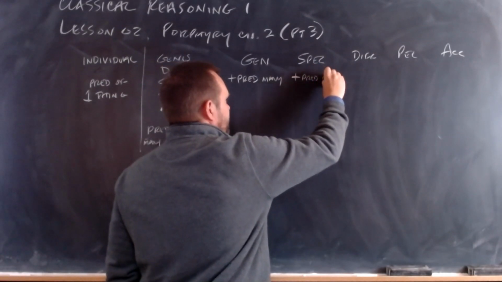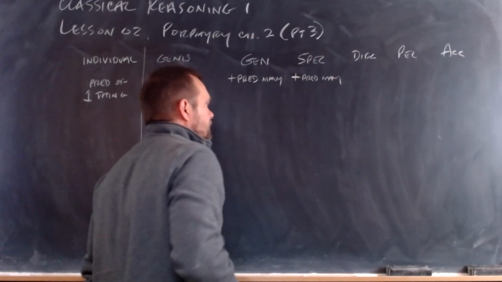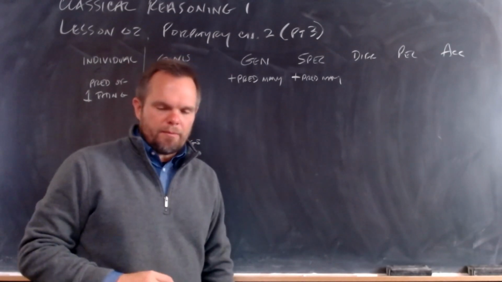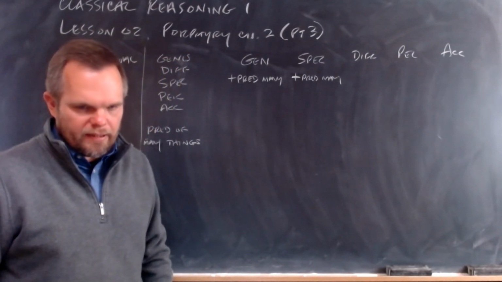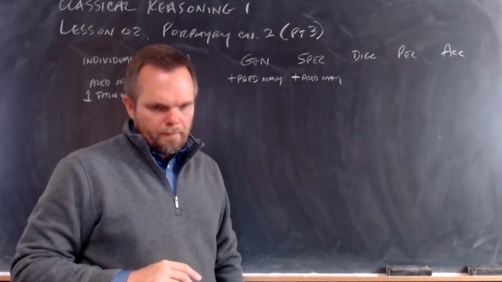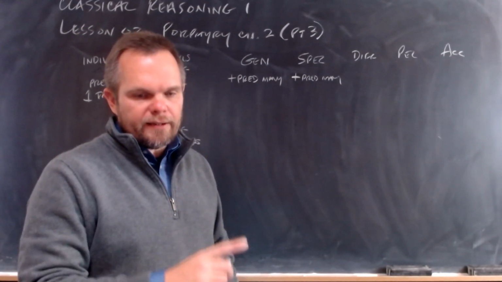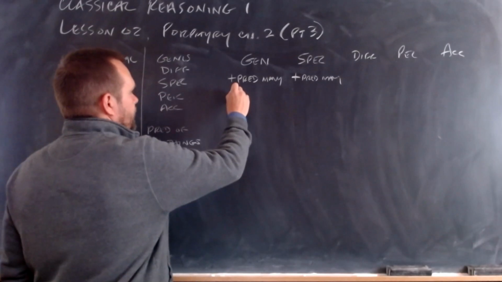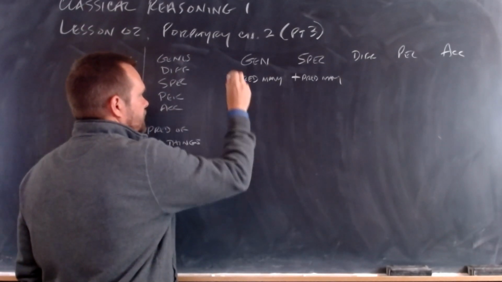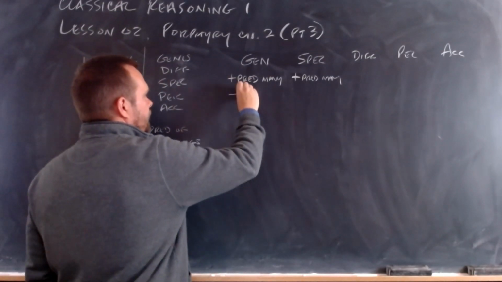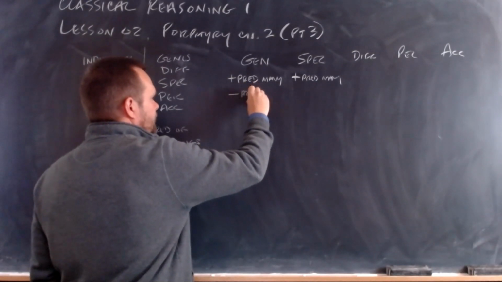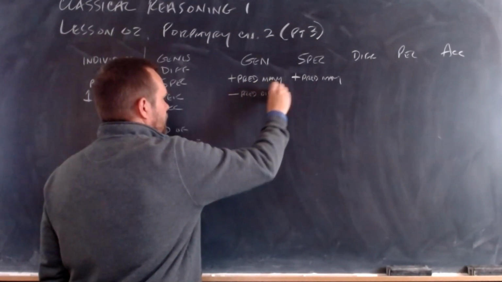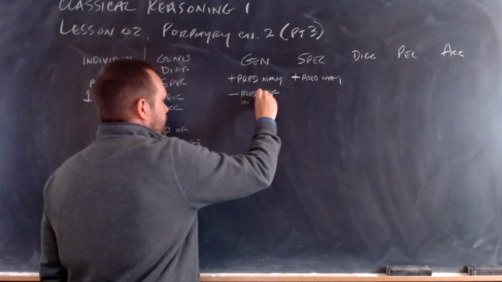That's something they have in common. So genus and species are similar in that they both are predicated of many things, but not of things differing in species. So here's the first difference. Genus is predicated of things differing in species.